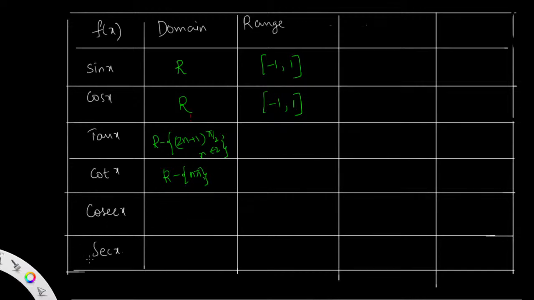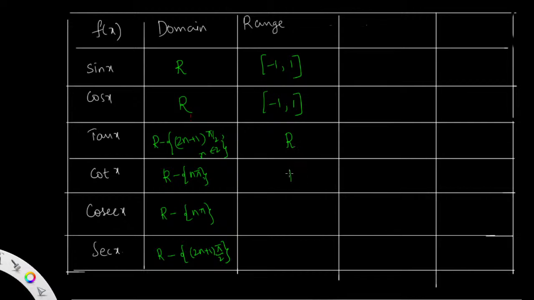Okay. And then cosecant x is the same, 1 by sin x, so its domain is R minus n pi. Secant x is 1 by cos x, so R minus (2n plus 1) into pi by 2. Now the range: for sin x and cos x it is the same.